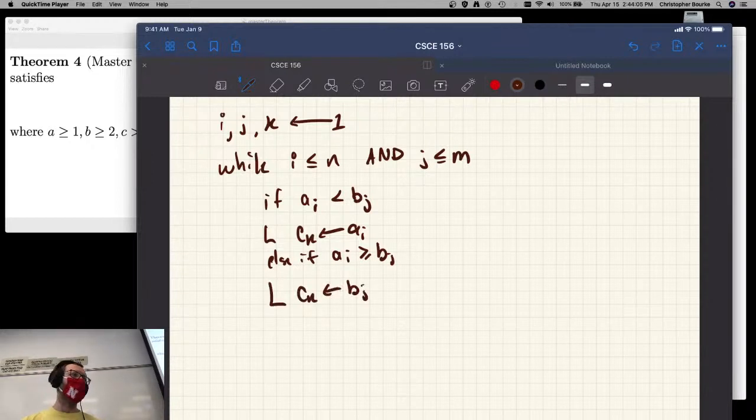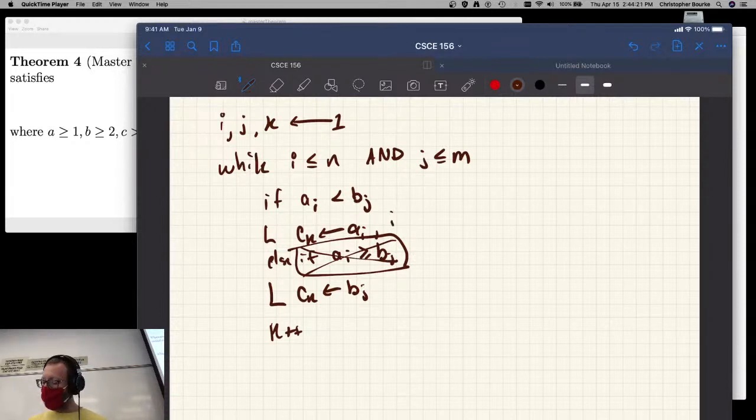You don't need that else if there, so this can be thrown away because it's one or the other. I will increment k. If I take A, then I will need to increment i. If I advance B, then I will need to increment j. That's all there is to it.